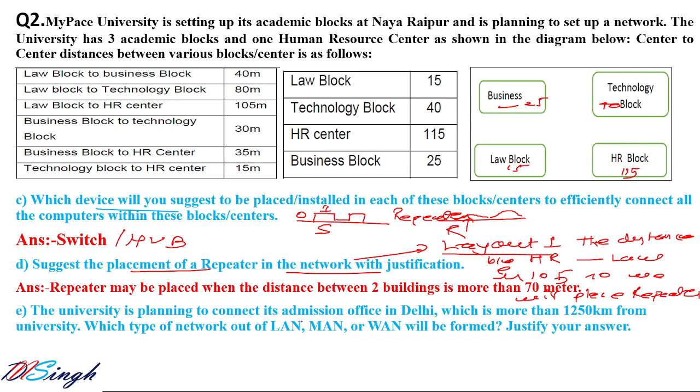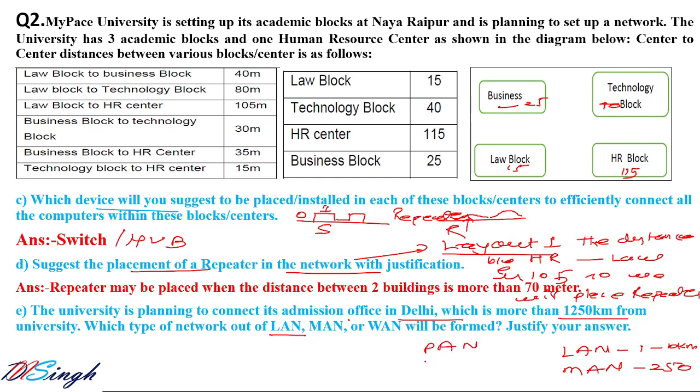The university is planning to connect its admission office at Delhi, which is 1250 kilometers from the university. Which type of connection will it make or form? So for LAN you can have 1 to 10 kilometers. For MAN you can have like 250 kilometers, metropolitan area network.